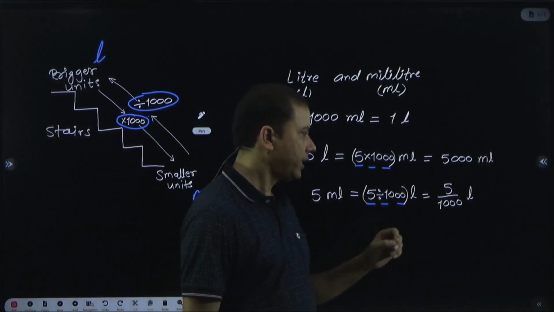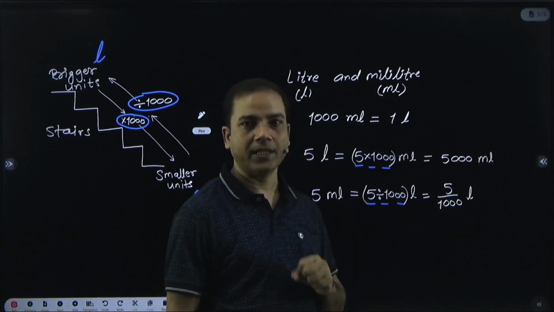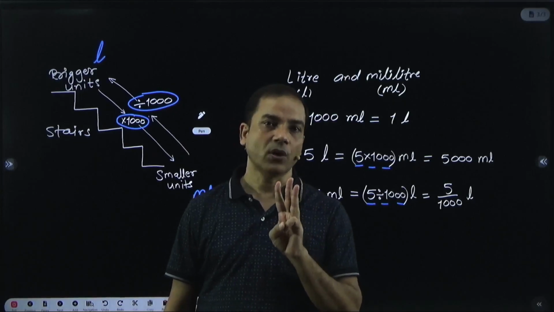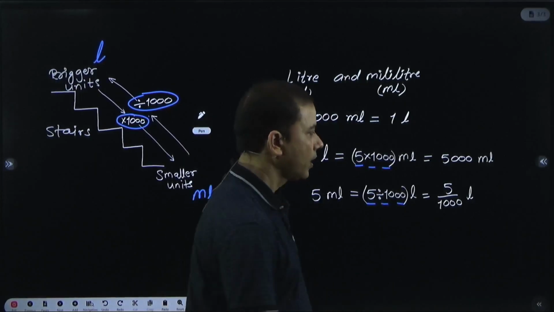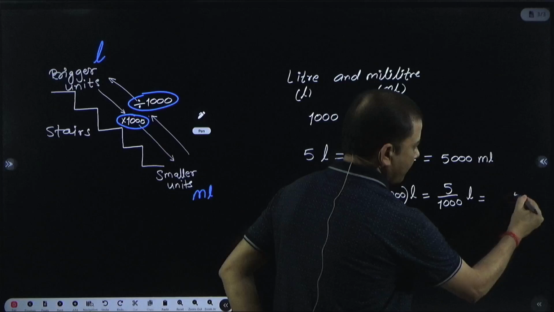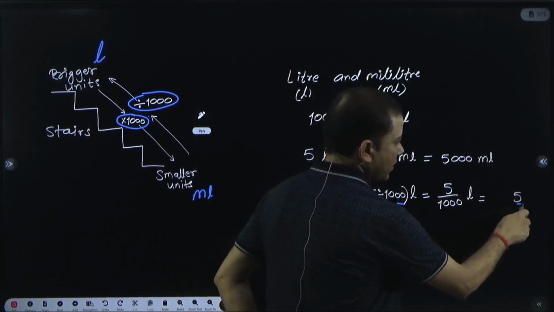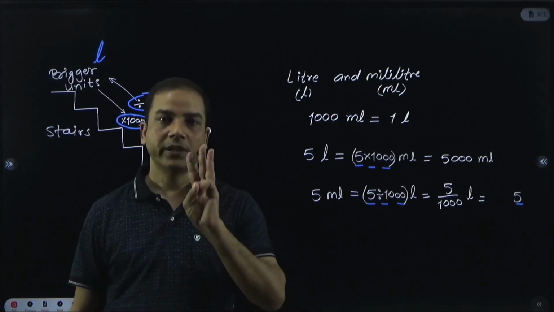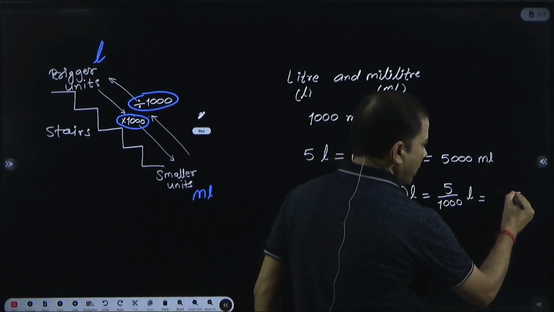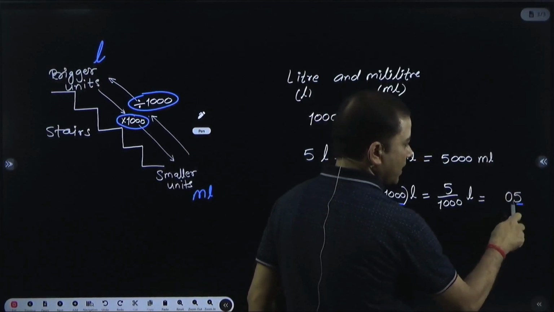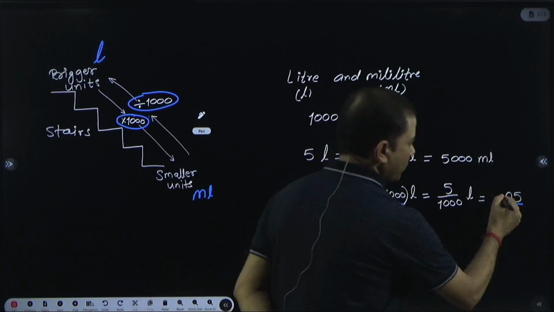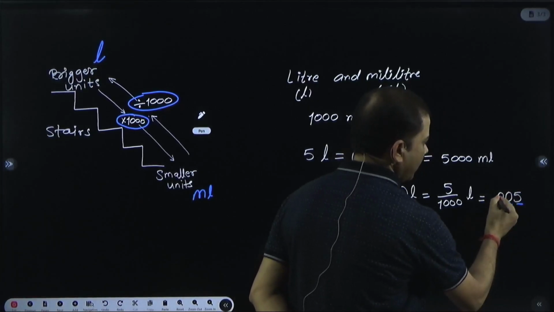We can do long division or we can do the shortcut. If we do the shortcut here, we have 3 zeros in the denominator. So in the numerator, we have to put 3 places of decimals. How? We already have one place available, that is 5. But we need 3 places of decimals. So we put one 0 on the left side of it. Now it became 2 places of decimals. We need 3 places, so we put 1 more 0 here, and then we put a decimal.